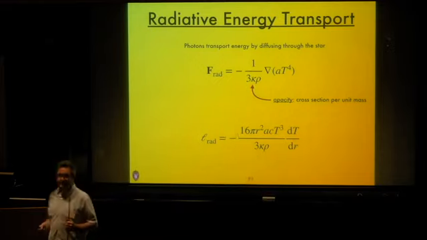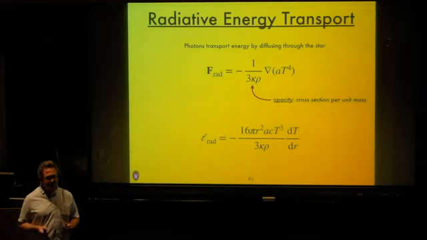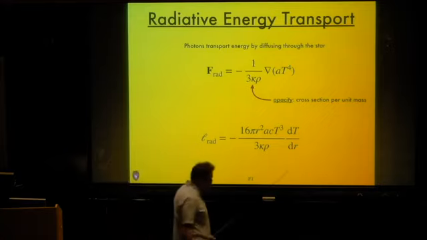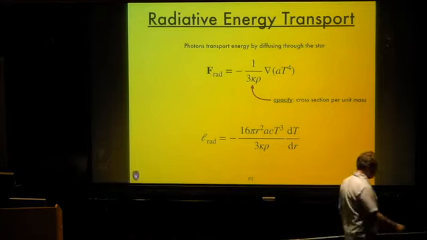And then the third one is convection. And convection is tricky. We still don't have a comprehensive theoretical formalism for treating convection. It's one of the biggest unsolved problems in the study of fluids.